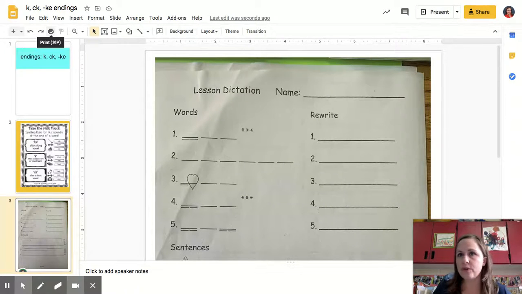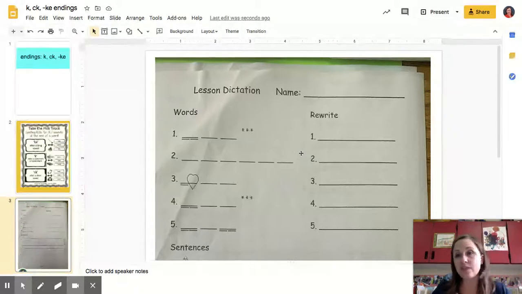And if you don't want to print the whole thing, I would choose my printer, and then pages, custom, and I only want to print page 3, which is this recording sheet, okay? You do not have to have a recording sheet, but I do think that it's pretty helpful, okay? So that is something I would suggest.